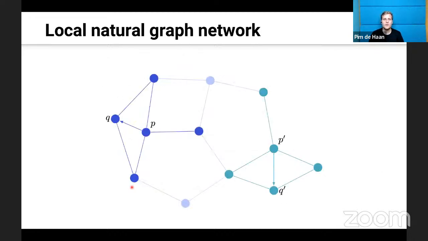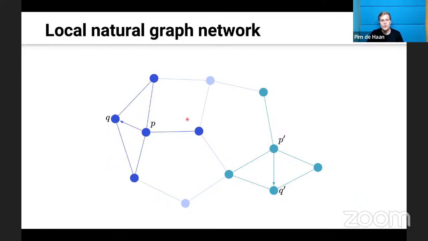But roughly what it corresponds to is saying that if we have a graph like this, and here I marked a node P and a node Q with an edge between them, and also a node P prime and a node Q prime. If you now look at these neighborhoods, the neighborhood of this edge P to Q, you might recognize that this neighborhood is isomorphic to the neighborhood from P prime to Q prime.